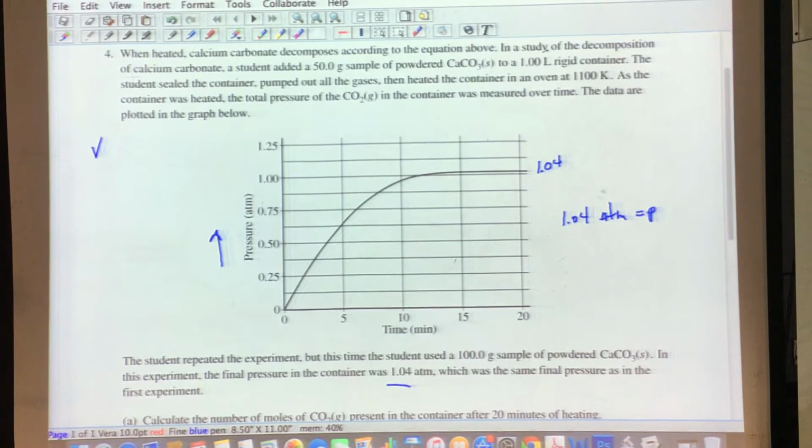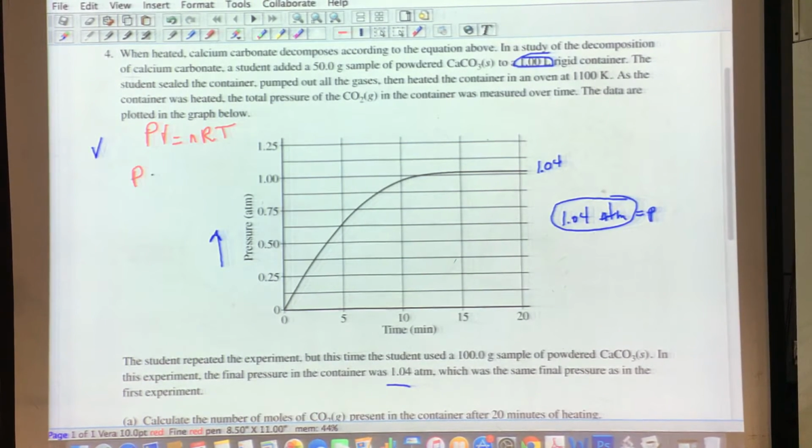We have a pressure. We have a temperature. Couldn't we solve for moles? This is nothing more than a gas law problem, which is good to review. Keep it in your mind, because you could be racking yourself wondering how to get the moles from the pressure.